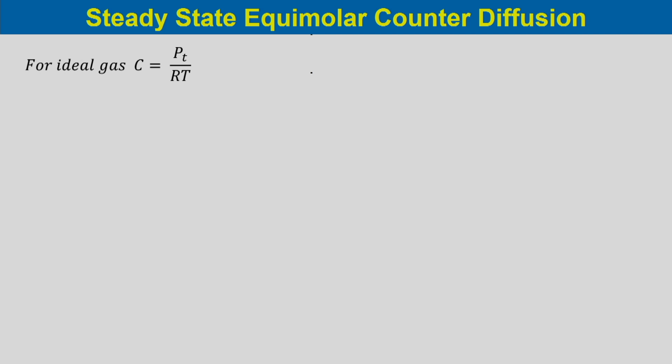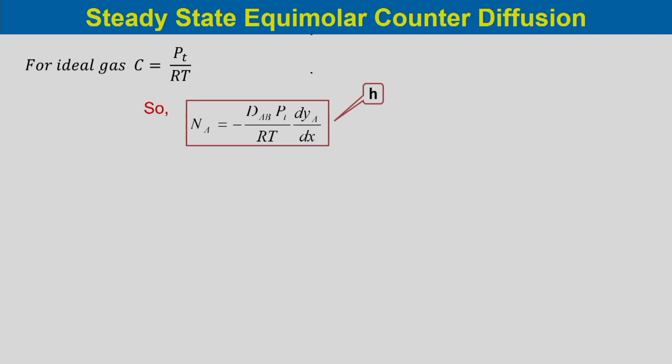Now, for an ideal gas, the concentration is equal to the total pressure PT divided by RT, where R is the universal gas constant and T is the temperature. So, we can write NA would be equal to minus DAB PT by RT into dyA/dx.